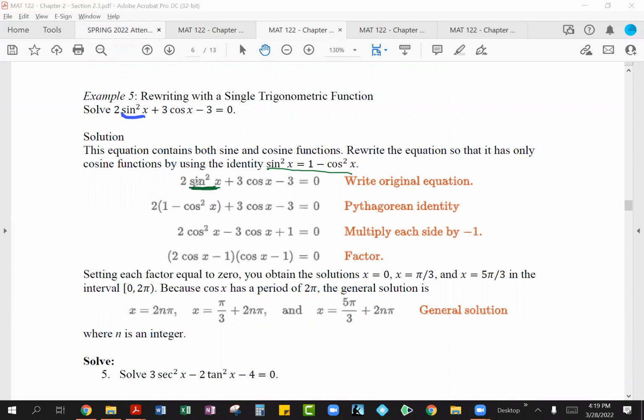So you can see you end up getting 2 times 1 minus cosine square of x. Go ahead and distribute that 2. So 2 times 1 is going to be 2, minus 3. That should actually be a negative 1 there.